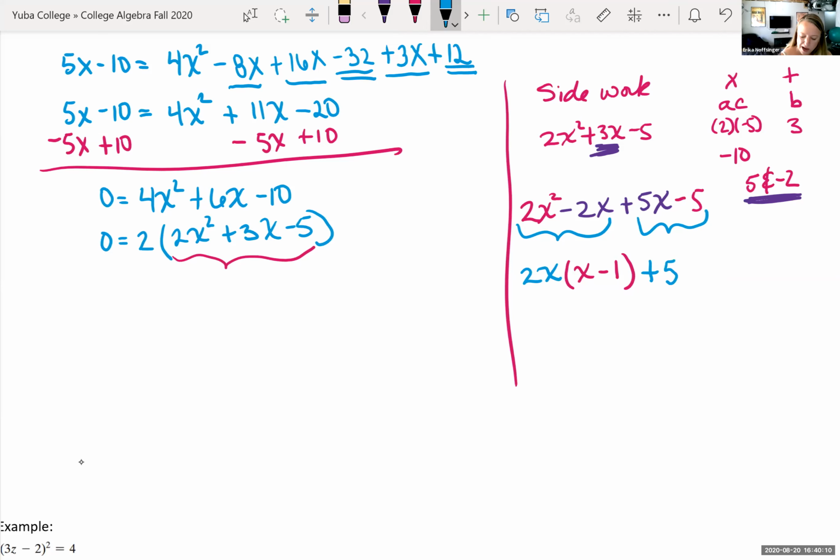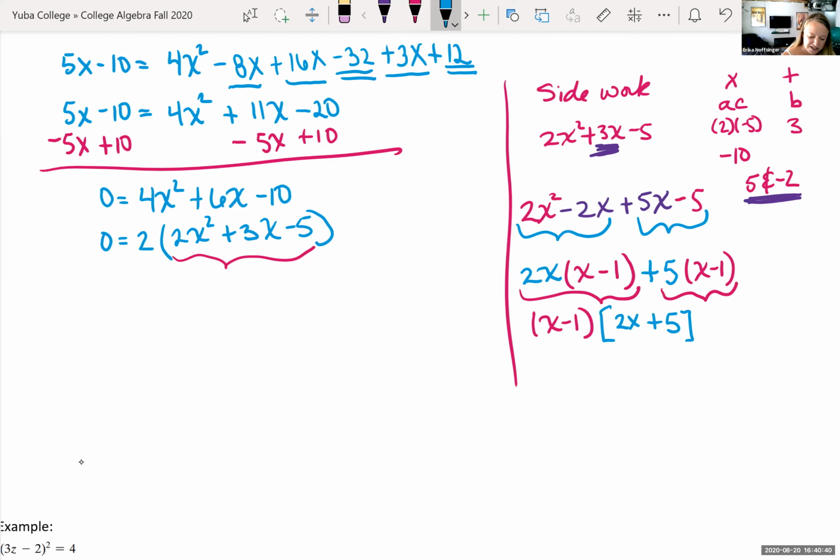And so if we pull a +5 out of these two terms, you're left with x minus 1. So notice what's inside the parentheses is the exact same thing. And so if we pull out x minus 1 from this whole grouping right here, you are left with just 2x. And if we pull out the x minus 1 from the second grouping over here, you're just left with the positive plus 5.